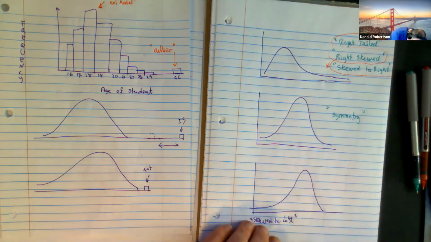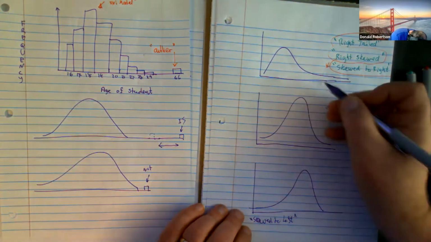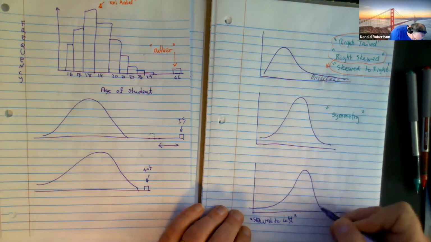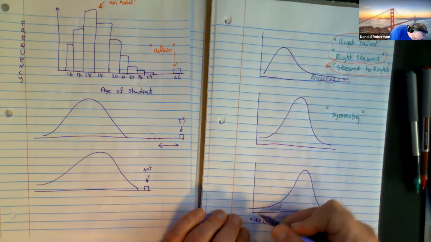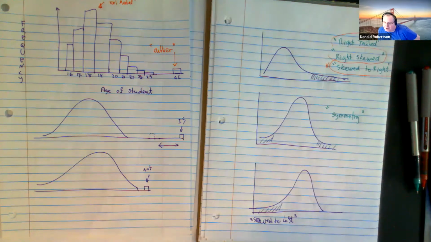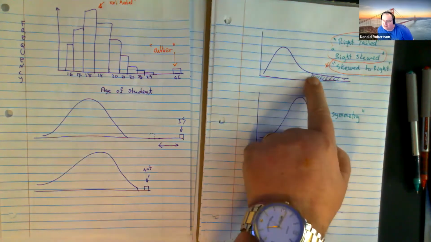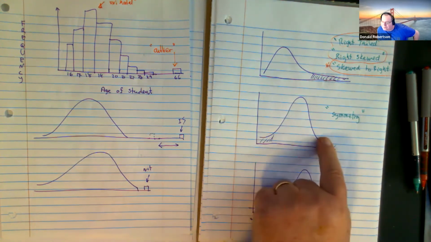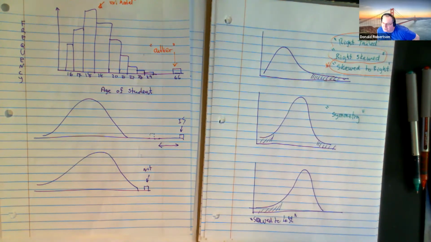Now, we even have a name for this piece of the shape. Any ideas before I tell you what we call it? The tail.